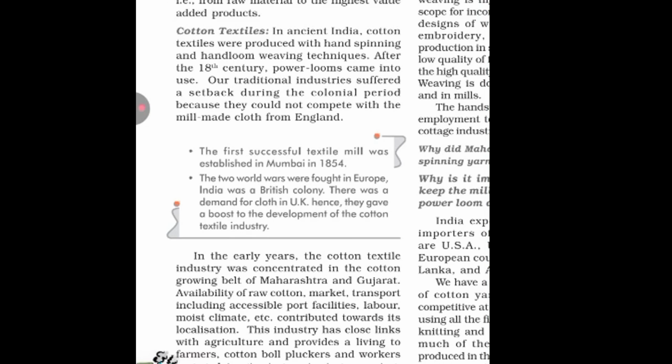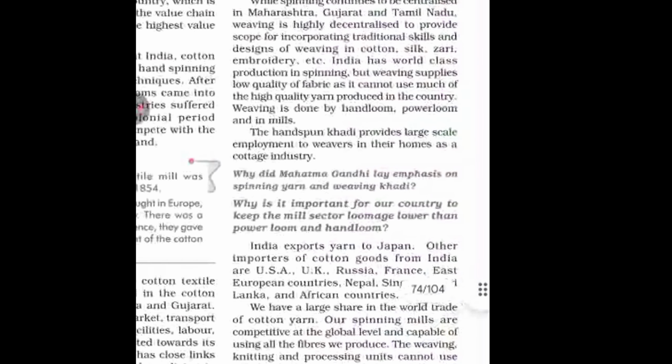We are manufacturing high quality yarn or thread, and it is exported to the world over. Although, to tell the truth, our country is known for weaving good quality cloth, like we use cotton, silk, zari, and then embroidery. All that is being done in weaving and enhancing the beauty of the textile.